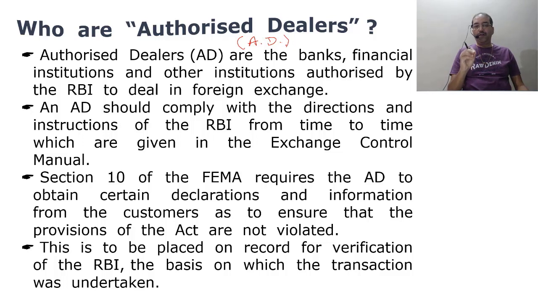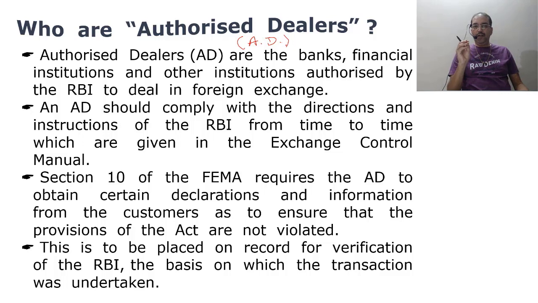Why is this necessary? Because tomorrow, if anybody does some fraud or anybody is unnecessarily buying foreign currency so that the prices may increase, the rate may increase, we can trace out those people and find out who they are, why they are doing this. Okay, so this is to be placed on record, which will be required for later verification by the RBI.